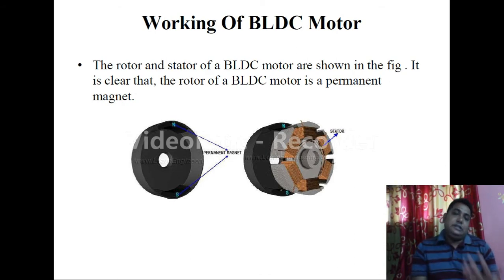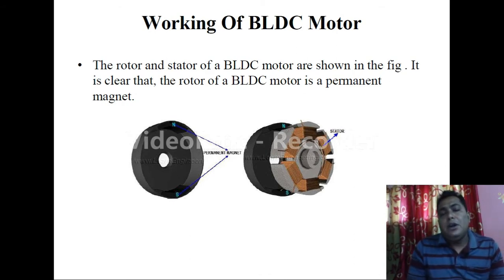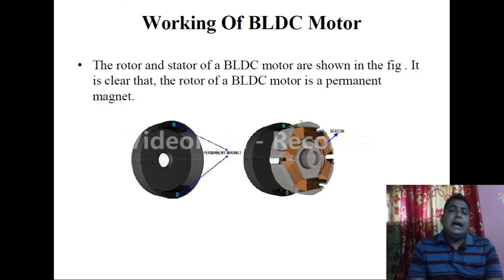Now, how does it work? We are going to look at the working principle of this BLDC motor. The rotor and stator of a BLDC motor are shown in the figure. It is clear that the rotor of a BLDC is a permanent magnet. Here is a very interesting thing.